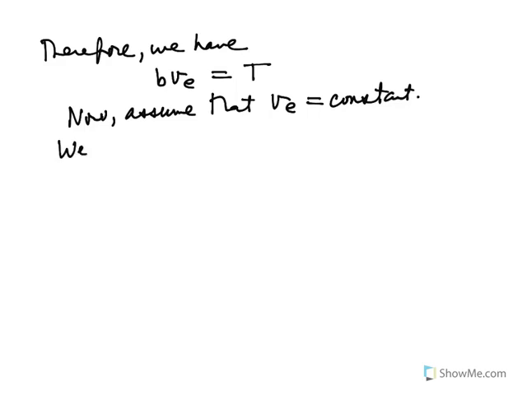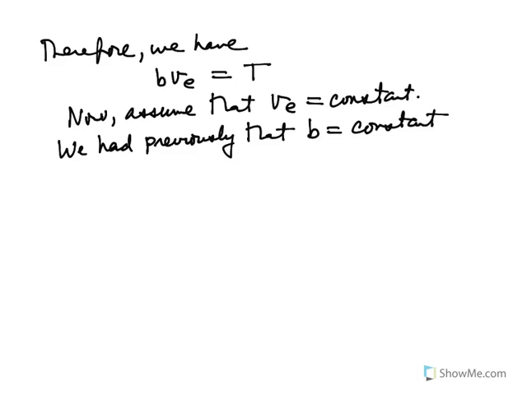So we had previously that b is equal to a constant. So this implies that b times v_E, which equals T, is equal to a constant.